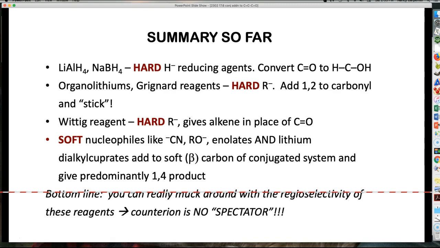So bottom line is we've just gotten out of our cross out the spectator ion and ignore it phase, because the counter ion actually does make a big difference, especially when it comes into the realm of organometallic chemistry. That's it for this mini lecture.